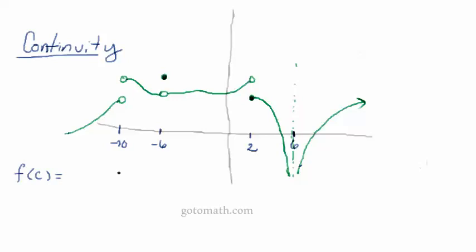If we were looking at f of negative 6, well, f of negative 6 is defined. If we plugged negative 6 into the function, we would get this point right here. We'll say it's 5, okay? The graph is obviously not to scale, but you would get 5 out.